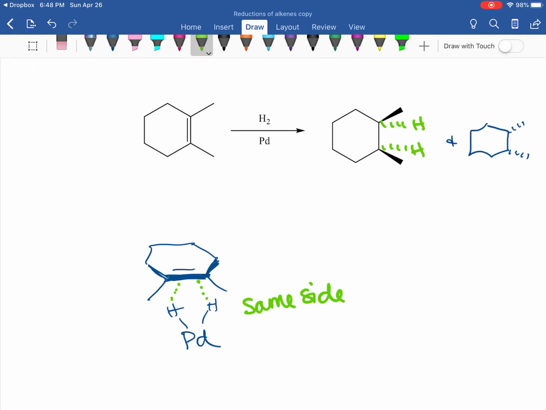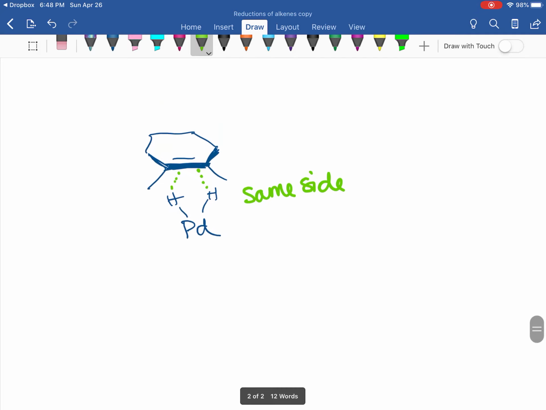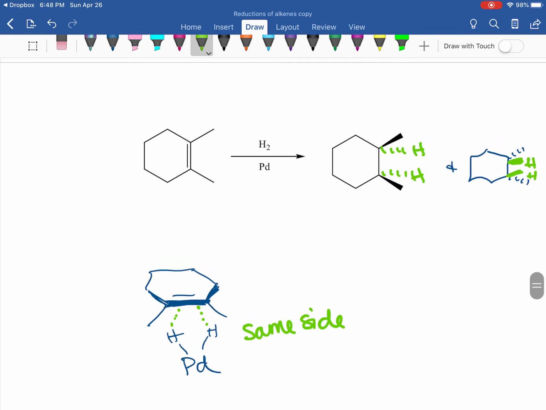So you have no choice. You will end up with the same side with those hydrogens. And now in this case, we have a plane of symmetry. And so it is the same as saying, you know, these are the same thing. But if you were creating stereocenters, remember both of those hydrogens will add cis. So if you've got something with a stereocenter, that might be a nice fun trick question, but they will add cis.